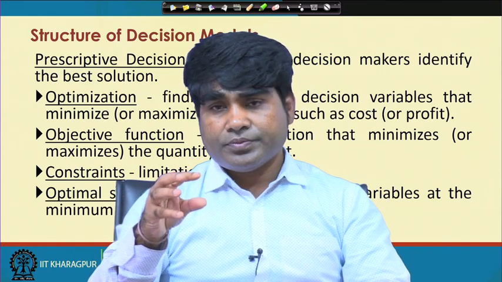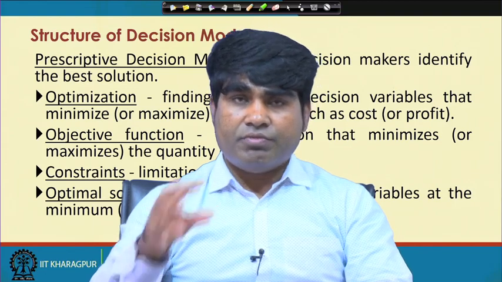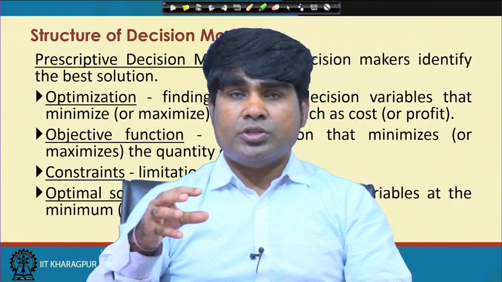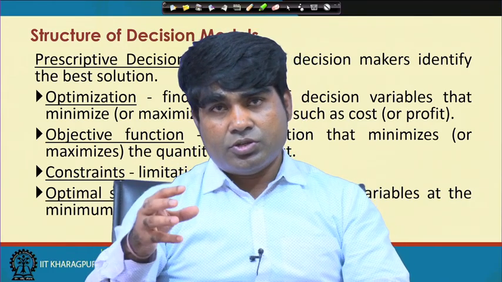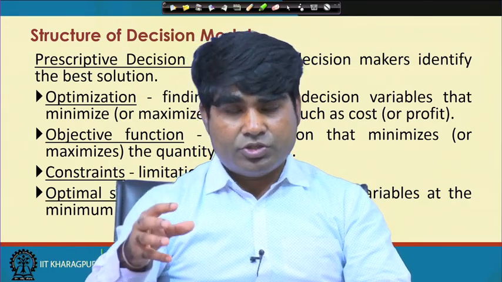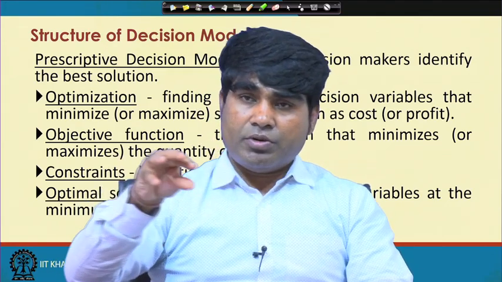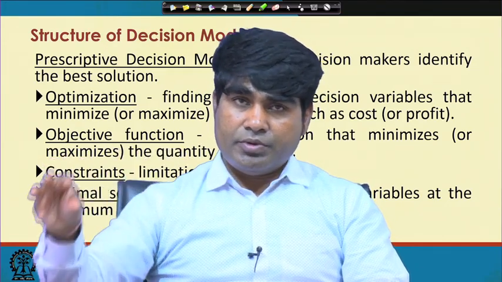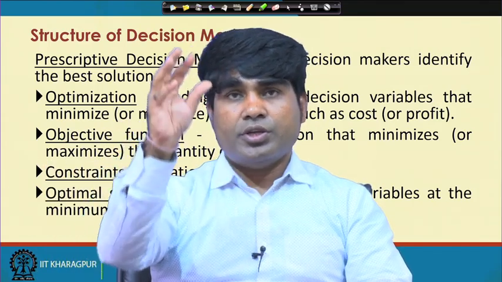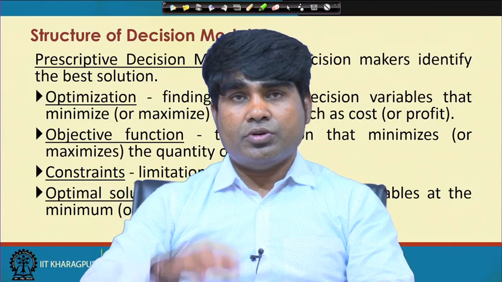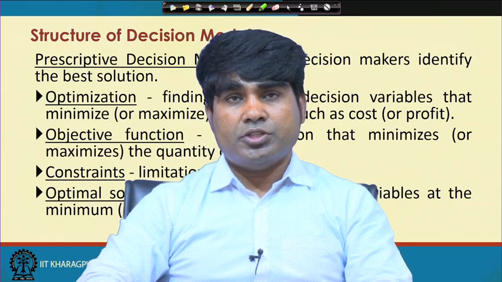For example, what should be the quantity of production, what should be the profit structure, what is the cost structure. That means we like to target a particular variable and the amount of that variable, so that we can reach our target as per management requirement.